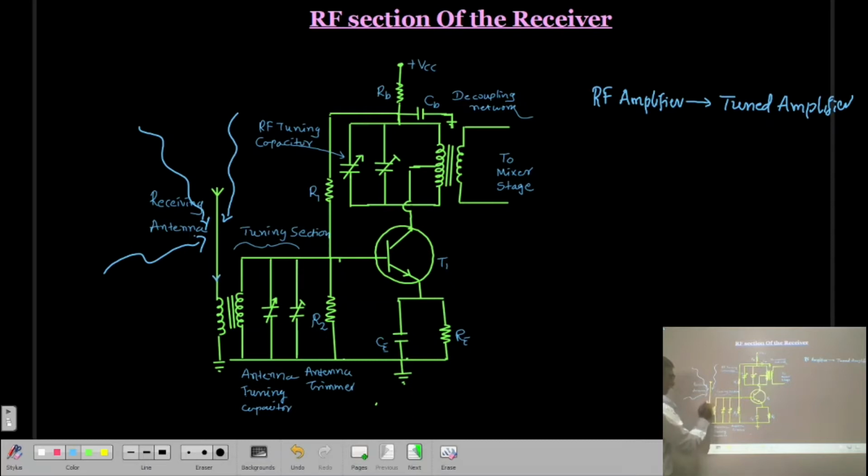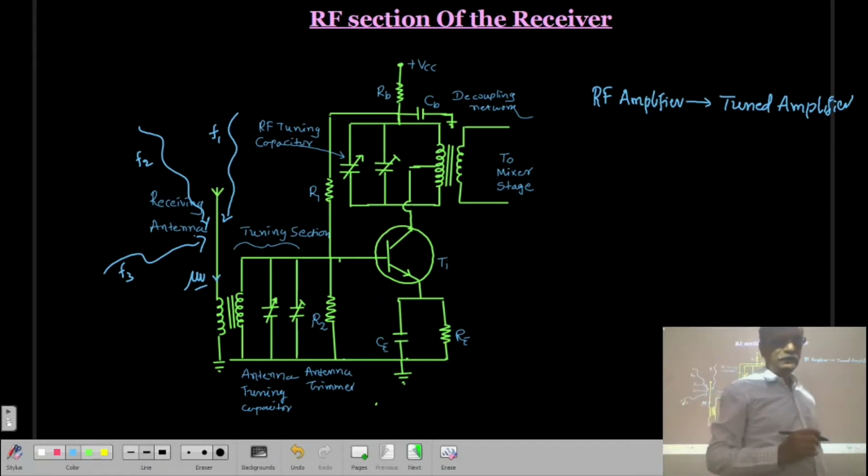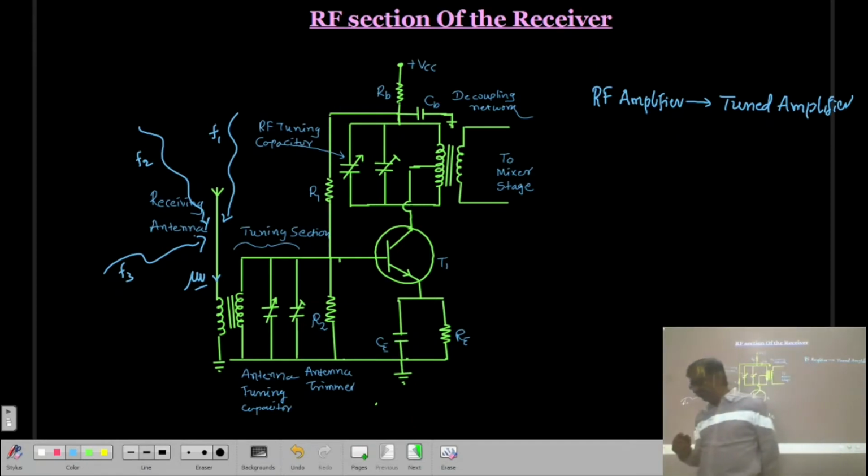Remember, whatever voltage is induced is very small, in the order of a few microvolts. That voltage is due to all these different frequencies F1, F2, F3, a number of signals. But out of all these frequencies, if you are interested in a particular station, you want to receive the information from that station, then we have to select that frequency, and the other frequencies have to be rejected.